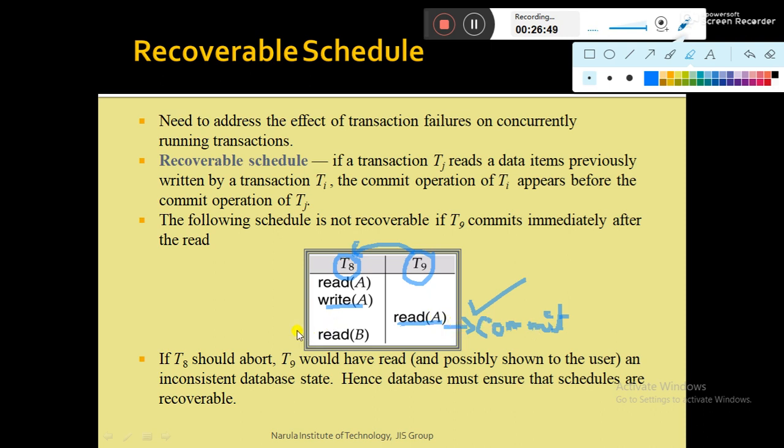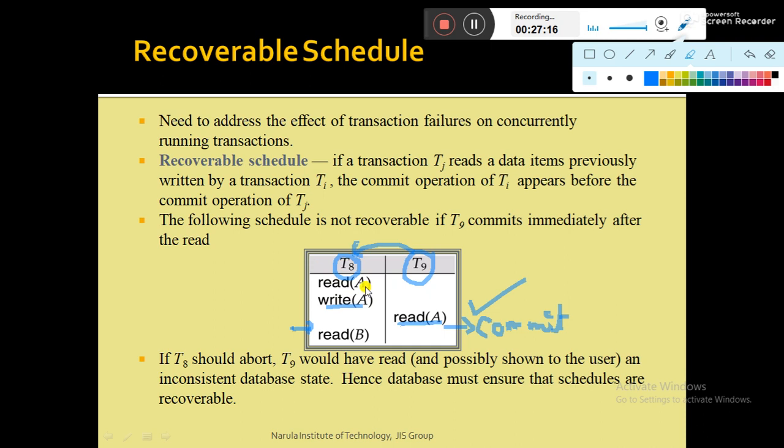Now suppose at that point of time T8 fails. That means failure has occurred for transaction T8, so the rest of the instructions of T8 are not able to execute. To maintain consistency and the atomicity property, we have to roll back T8.